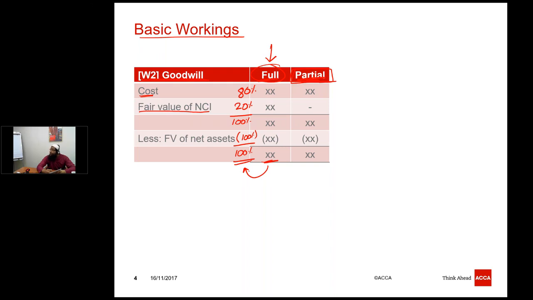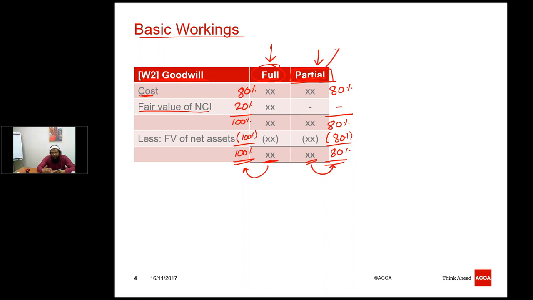Okay, Simran, we will discuss how to calculate the fair value of NCI. And if, for example, we are at the partial goodwill method, we are going to take the cost of 80% shares, and we are not going to add any value of the NCI. So the cost would relate to 80% of the shares. Therefore, the net asset should also be 80% of the net asset. So we are going to get the goodwill, which relates to 80% of the shares. So now this is the goodwill which actually relates to parent only.